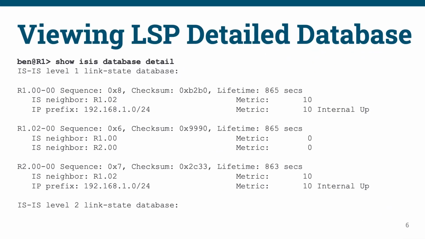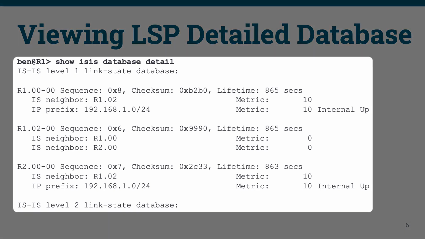Adding the detail flag to the show isis database operational mode command, we can see the contents of the LSP database on R1. Here, we see the metric and prefixes contained in the ISIS LSPs of the database. We see the details for the 3 entries from the previous slide.